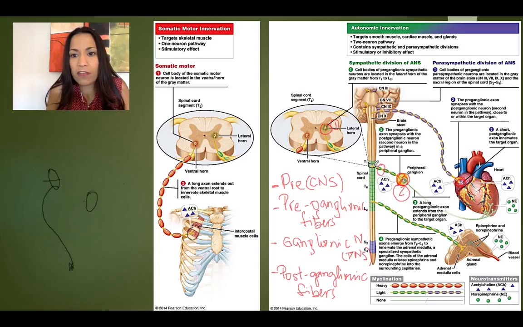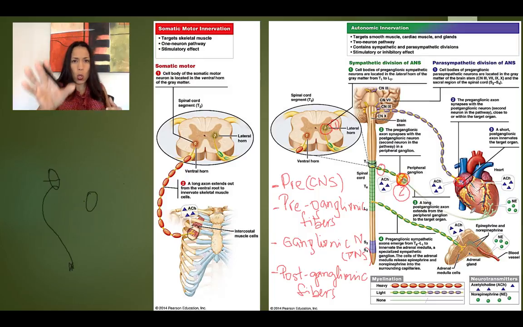The axons of the preganglionic neurons are myelinated, but they're very thin, okay? And the axons of the ganglionic neurons are non-myelinated. What is this telling you? That the transmission of the action potential, of the information from the central nervous system to the target organ, is slow. It takes some time to get there, okay?